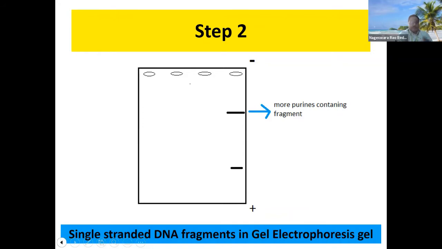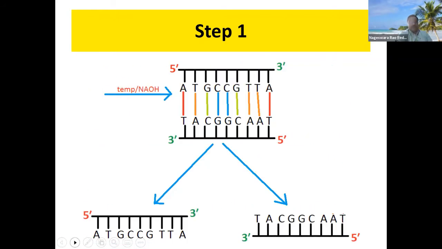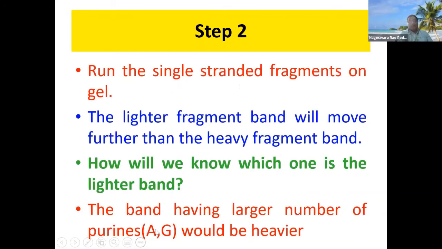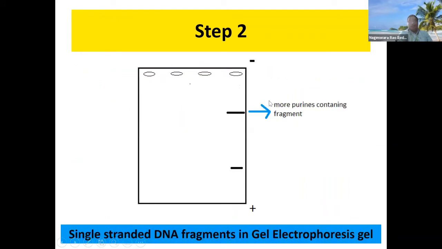So a band with a larger number of purines is heavier and moves slowly. With fewer purines, it moves faster. So this is the second step we do in the method.